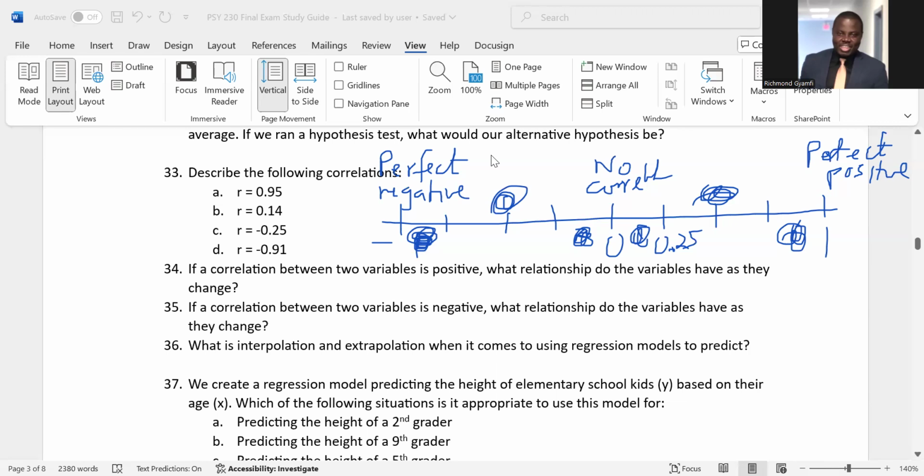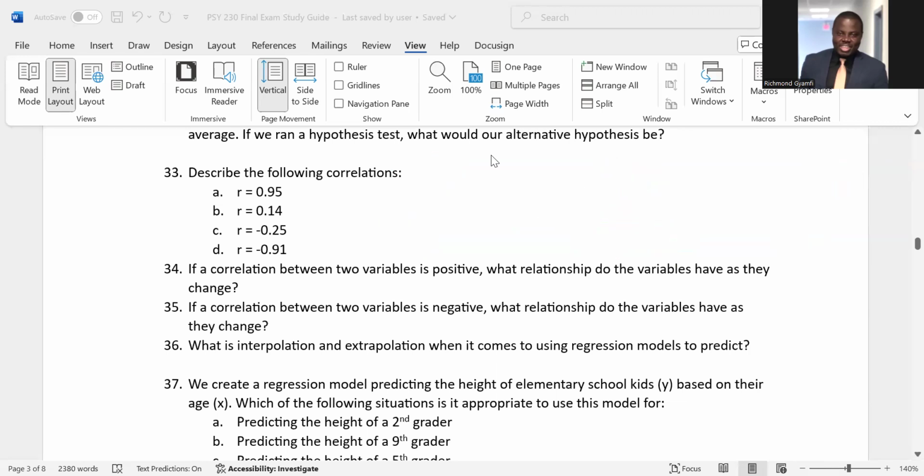Now, for 34, 35, we did this in class. If a correlation between two variables is positive, what relationship do the variables have as they change? So with this one, remember we are looking at a positive correlation. Now, if I decide to draw a line this way, from left to right it is going up.